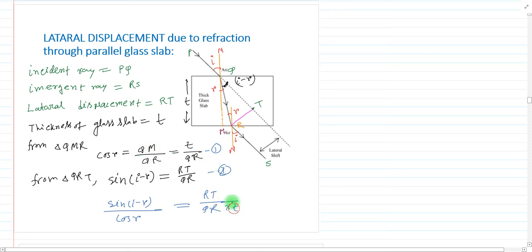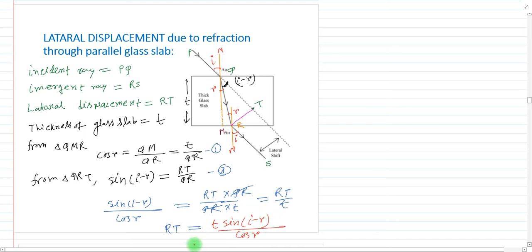So QR cancels out, leaving RT by T. Then RT, which is the lateral displacement, equals T sin(i minus r) by cos r.